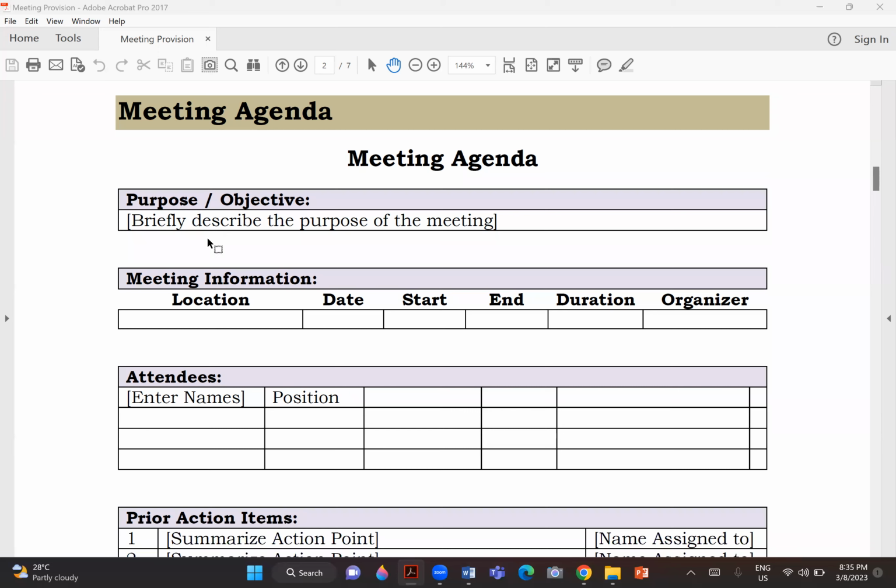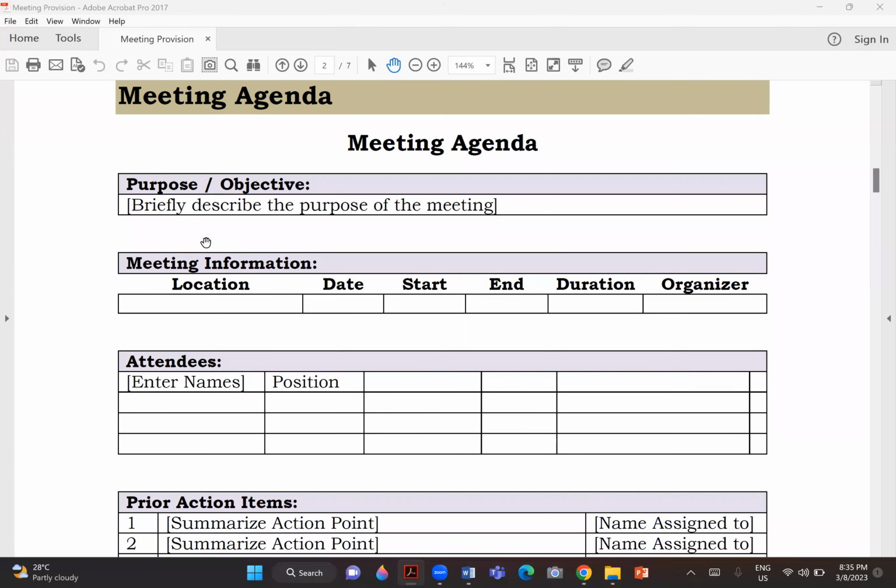The second thing, we need to make it clear to all the attendees what information is related to the meeting venue, the location, the date, when will it start, when will it end, duration, and the organizer.